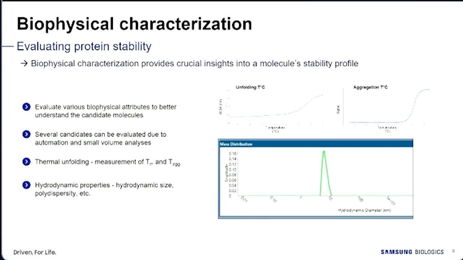And below those graphs, you can also see the DLS data used to calculate the PDI value to find out the polydispersity of the molecule. Using T onset, TM, and T aggregation, we assess the molecular thermal stability characteristics, and using DLS, we can confirm the possibility of self-association or aggregation propensity.